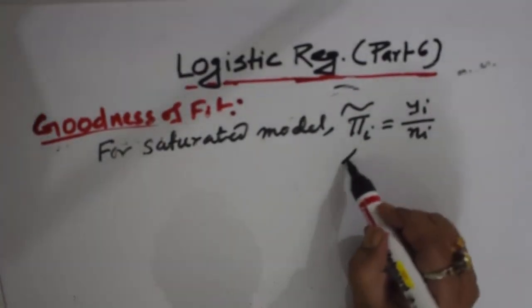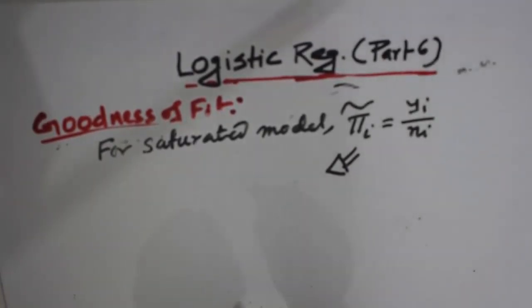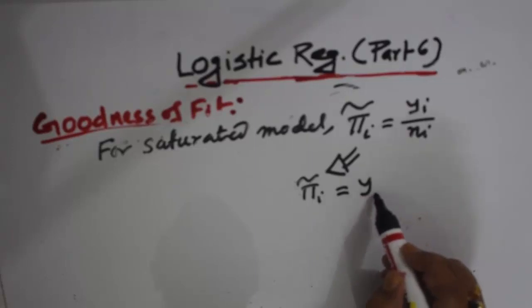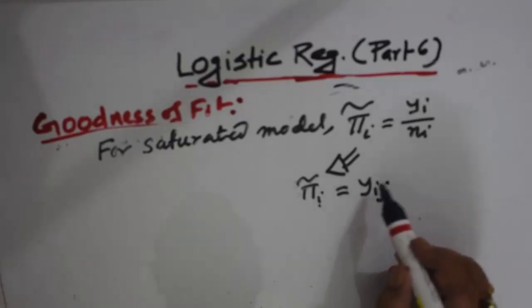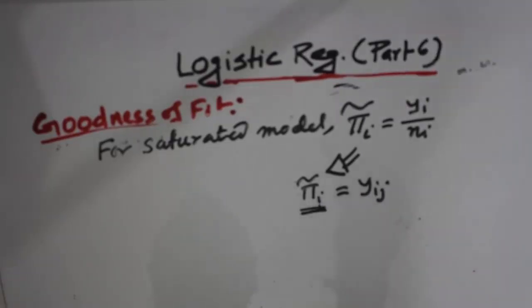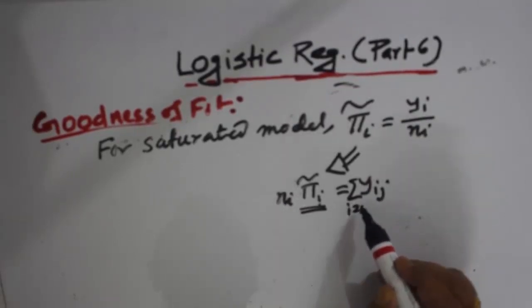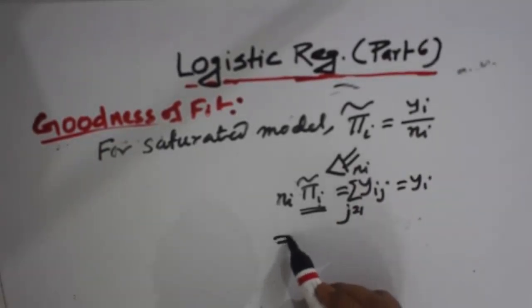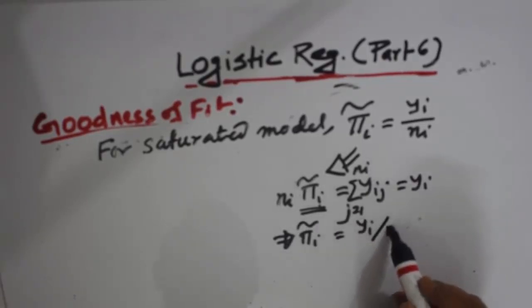Why? If we take the Bernoulli distribution, then pi I curl is equal to simply yij, and this is true for the ith group, because for the ith group pi I is fixed, and this is nothing but yi, so pi I curl is equal to yi by ni.